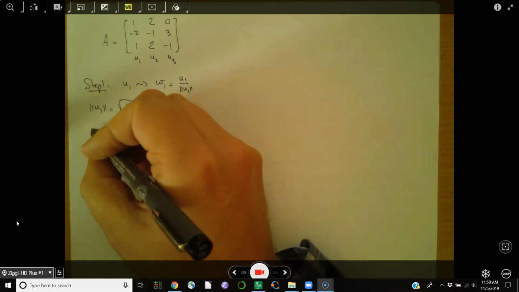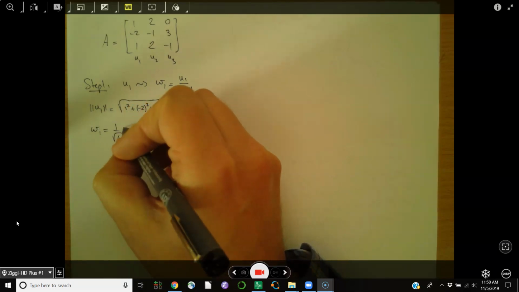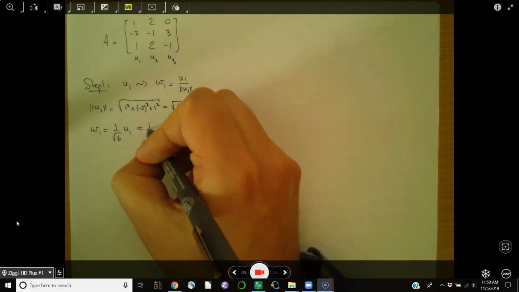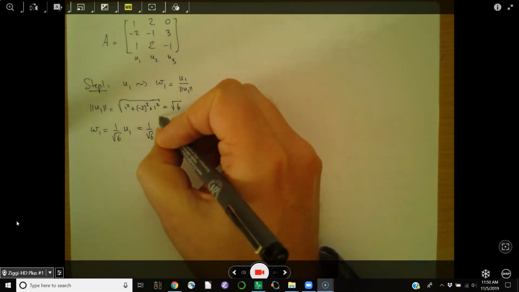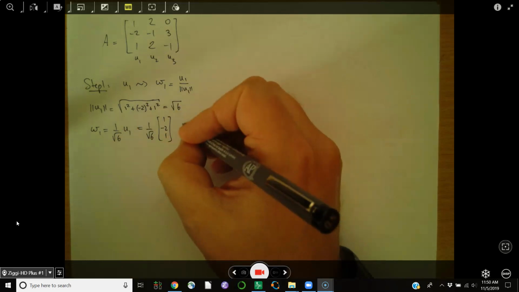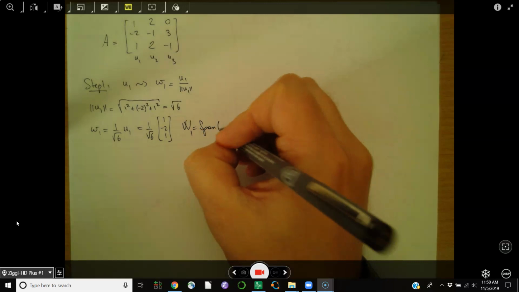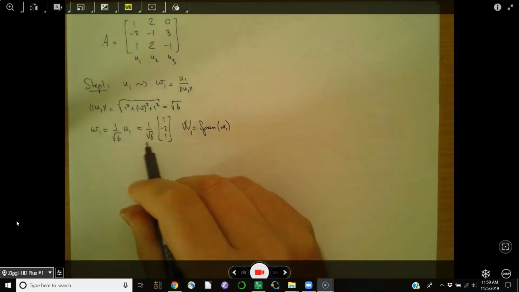So w1 is 1 over root 6 u1, or in other words, 1 over root 6, (1, -2, 1). And then W1 is the span of little w1.